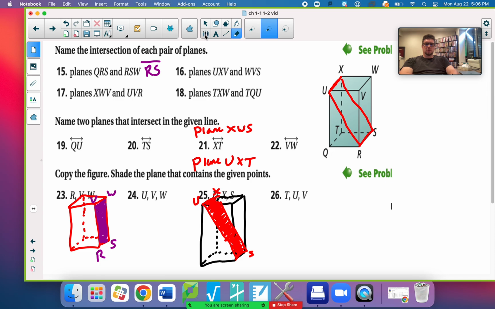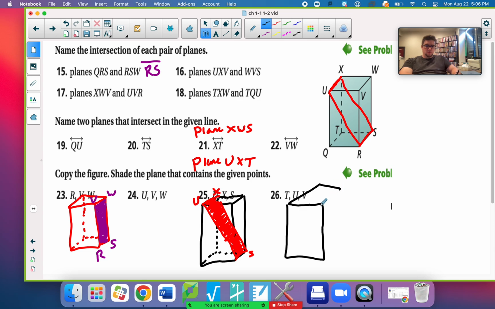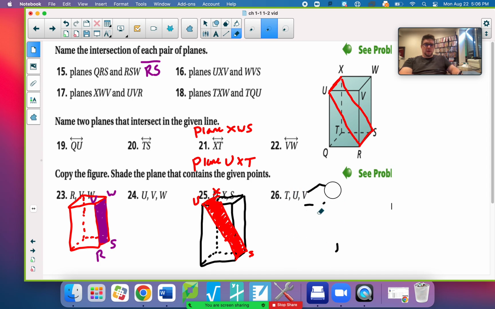It's kind of hard to draw for 26, so I'll help you out to give you an idea what happened if you draw it. I'm just going to use the one on the computer because it's easier. So T, U, and V would include point S, and it would be this plane right there.